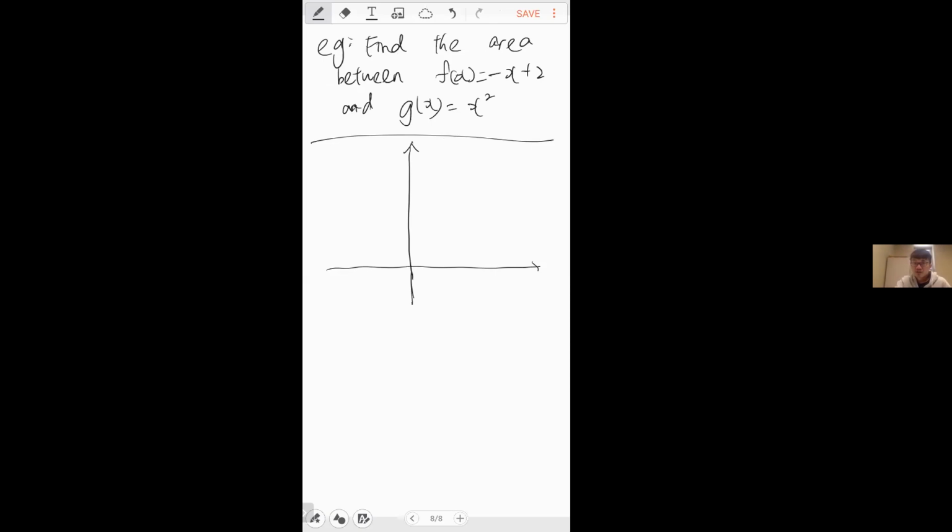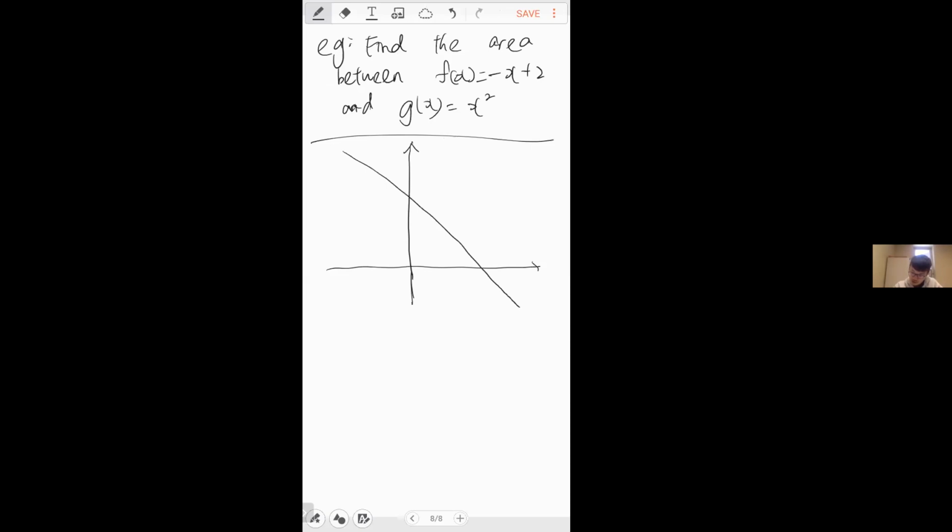Okay, let's continue. So f of x equals negative x plus 2, g of x equals x squared. I need to know what they look like in the graph. Negative x plus 2 looks like this.